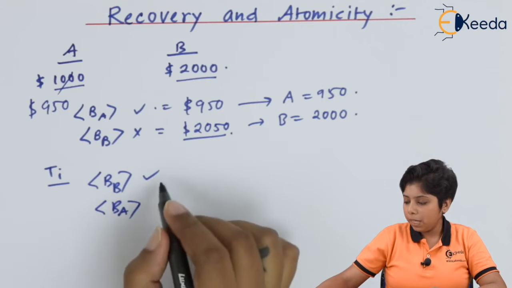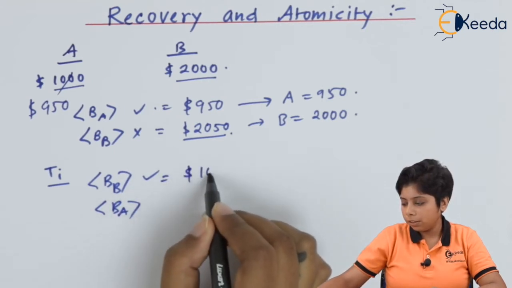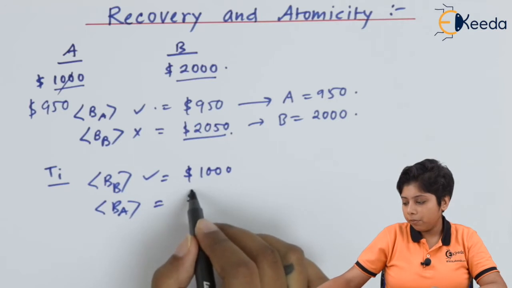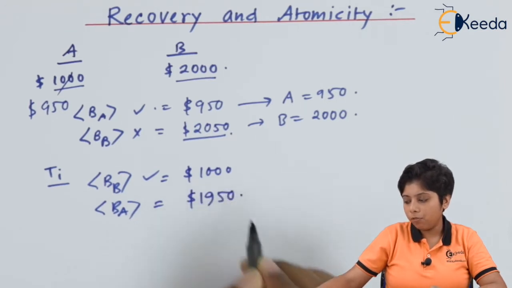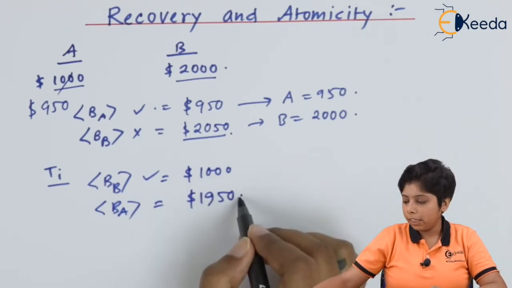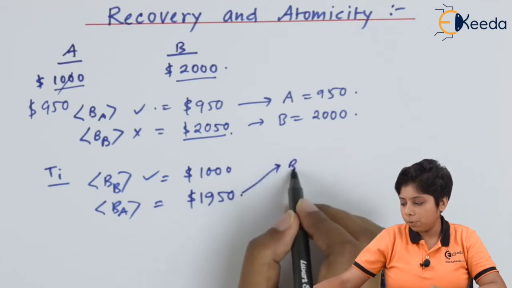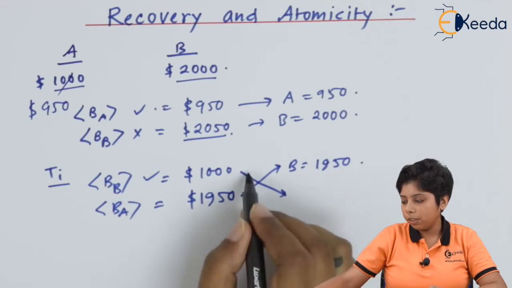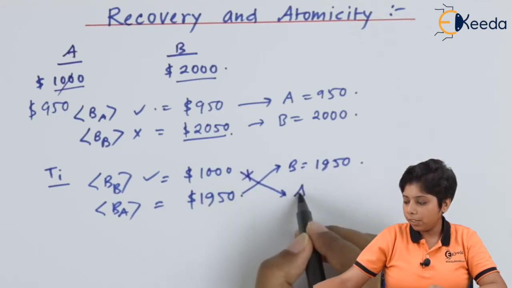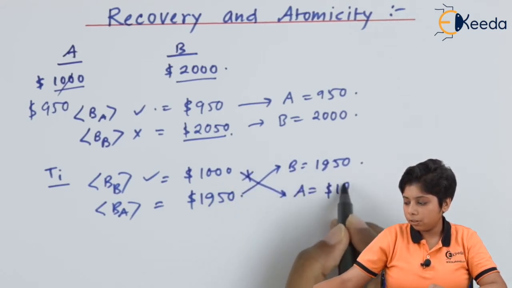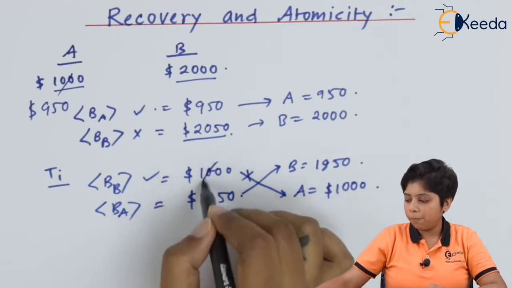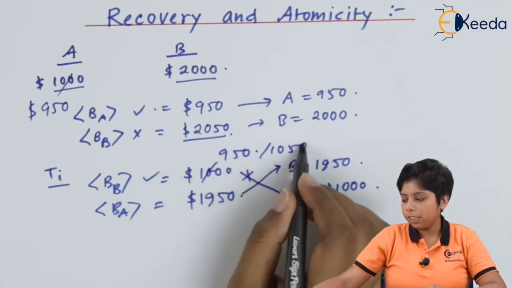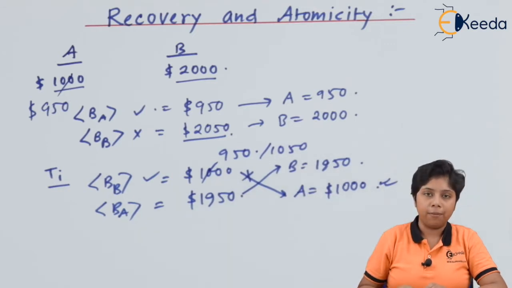So BA has 1000 and BB has 1950. This 1950 has been written to B, but A's update is not written. So A remains $1000, and the updated value 950 is not performed in A.